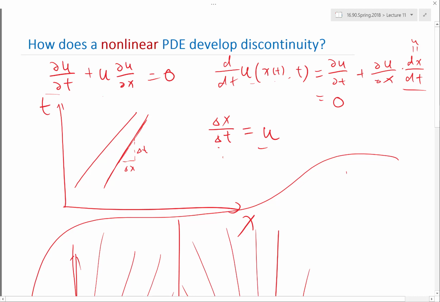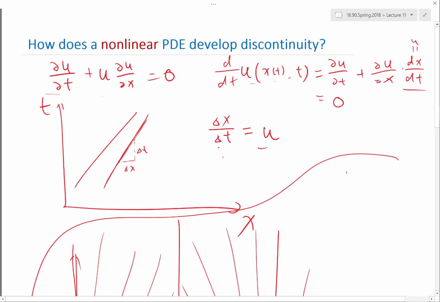At this point along this discontinuity, this doesn't work anymore, right? You only talk about derivatives if derivatives actually exist. So all the stuff we have been doing about the PDE only works in the smooth regions of the solution. Along the shock waves, we need to figure out something else.